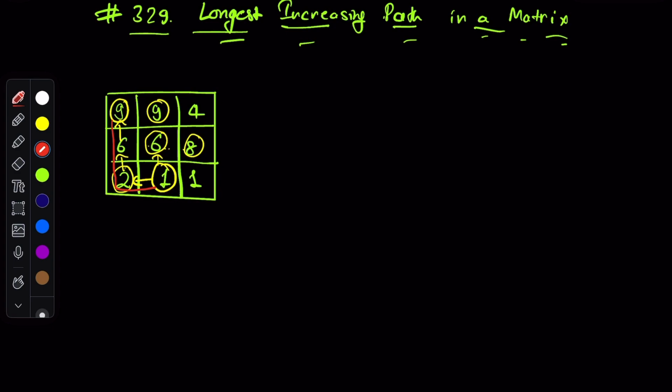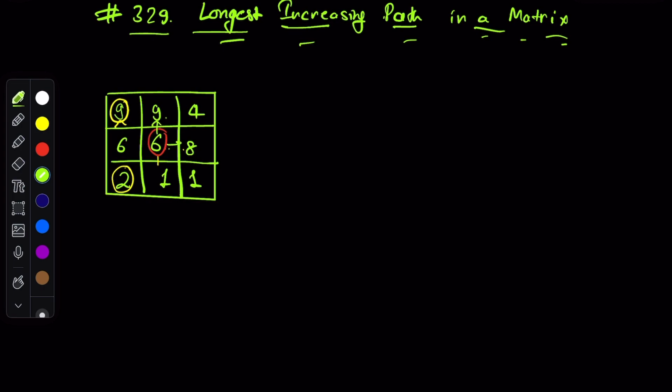One approach which comes to mind by directly looking at this problem is to visit every cell in the matrix and from that particular cell find the longest path starting from that cell. So let's say we start from this 6 and then look at all the 4 directions.